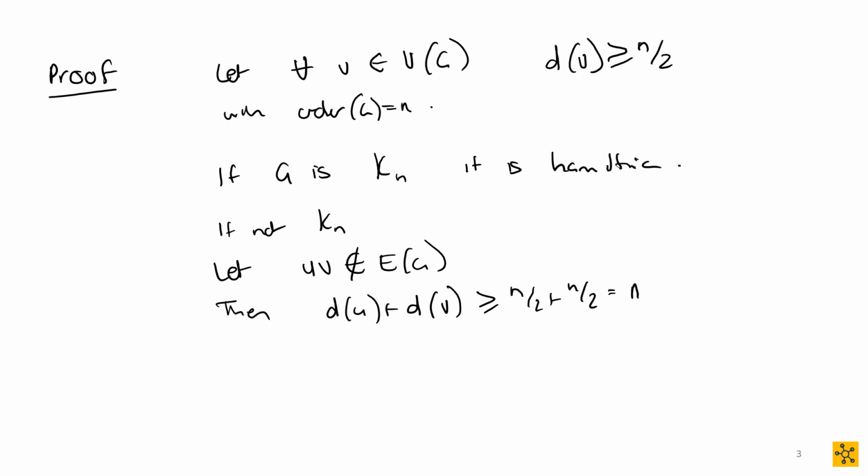And so for all those non-adjacent vertex pairs, we have it satisfying Ore's condition. Therefore, by Ore's theorem, it fits Ore's theorem, and therefore it is Hamiltonian. And we are done.